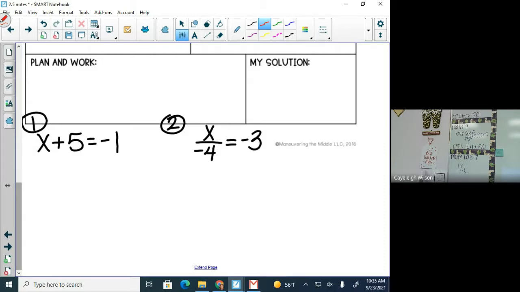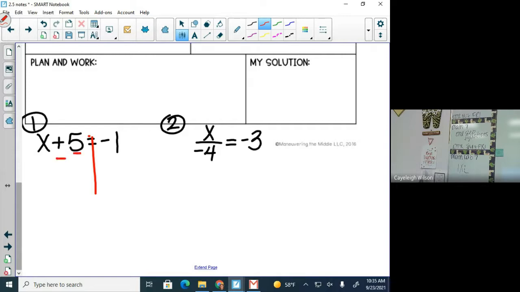Okay, we're gonna go over these, just kind of talk about it for a second, because a lot of us are having trouble with a refresh here. So when I look at this first one, I'm trying to get that x by itself. So I'm looking at the side that the x is on, and I see that there's also a +5 on that side. Well, I need to get rid of it to get the x isolated. So instead of adding 5, I should subtract 5.